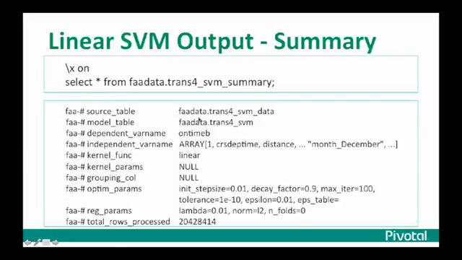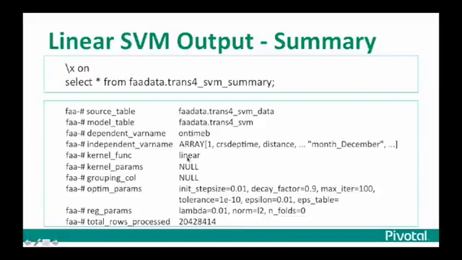The SVM classification function also automatically creates a summary table. The table has a naming convention of the name of the model table with _summary appended, and stores details on the inputs used to build the model. So here we see the name of the source table, the name of the model table, the dependent variable, the independent variable list, edited so that it would fit on this slide, and the fact that we ran a linear SVM.